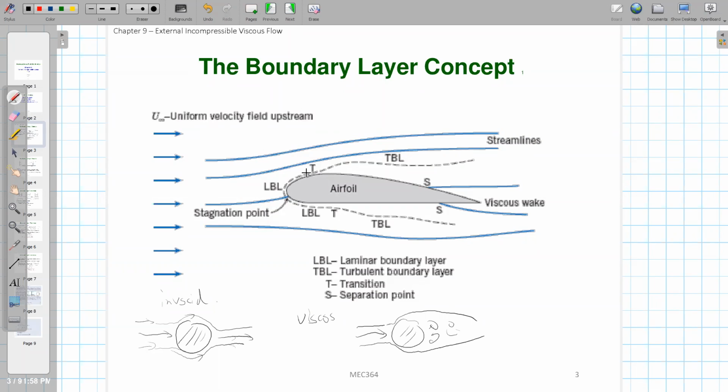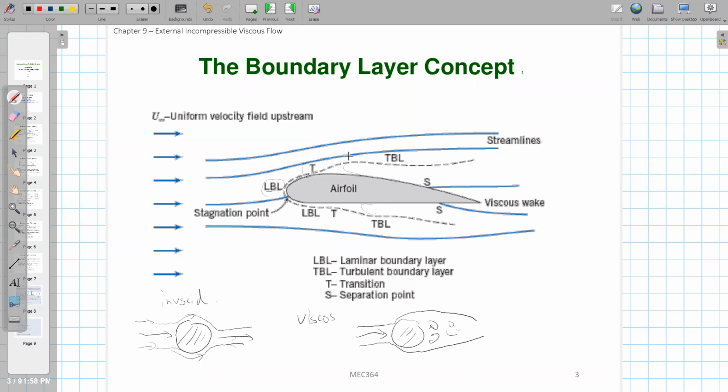This small region close to the wall, we call the boundary layer. The flow inside the boundary layer can also be laminar or turbulent. This is a laminar boundary layer, and later on for this airfoil, it may develop into a turbulent boundary layer.